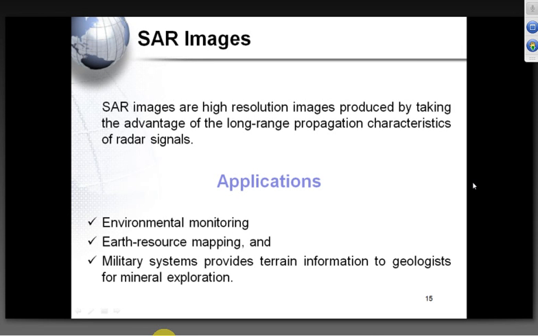SAR images are high resolution images produced by taking advantage of the long-range propagation characteristics of radar signals. As I told earlier, if we have to detect changes or areas inside the Earth's surface or some other object, the long-range propagation characteristics of radar signals are taken into consideration for that purpose.